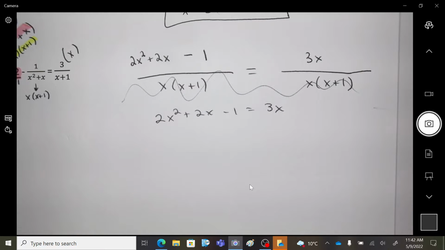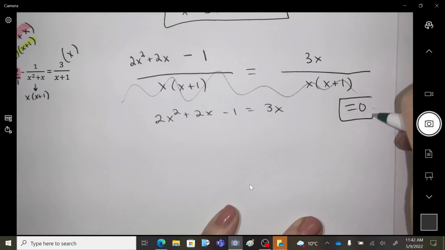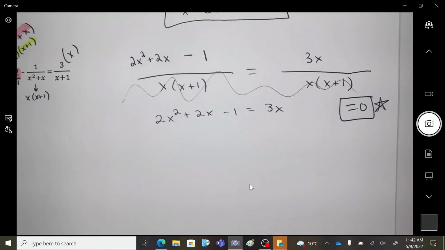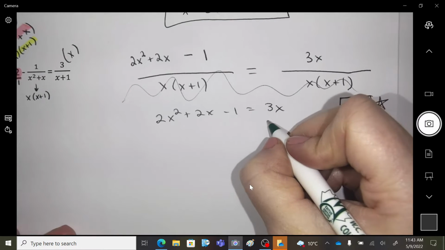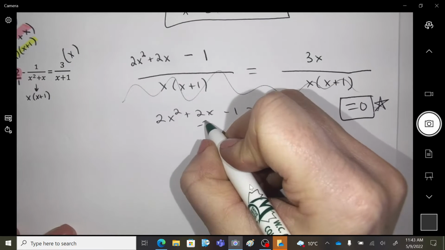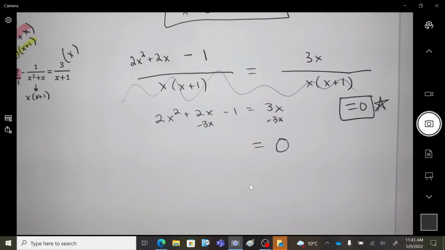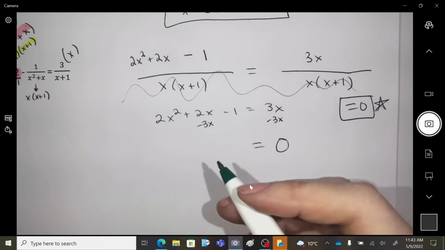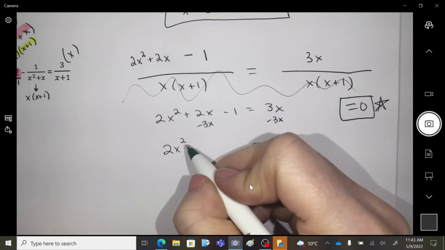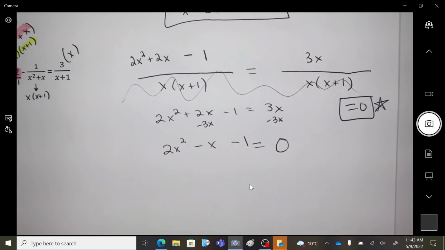Once you see all of this stuff, what's your first instinct with equations? We need an equal 0. So I'm going to minus 3x. So 2x squared minus 1x minus 1.